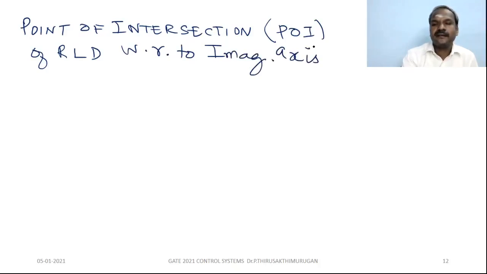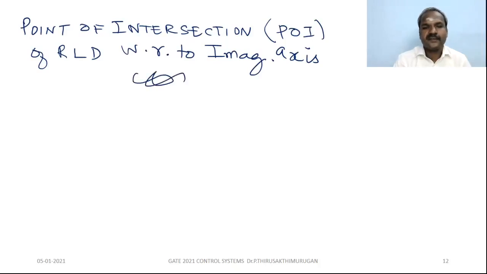So how to determine the point of intersection of the RLD with respect to the imaginary axis? This can be calculated from the Routh-Hurwitz criterion, right?